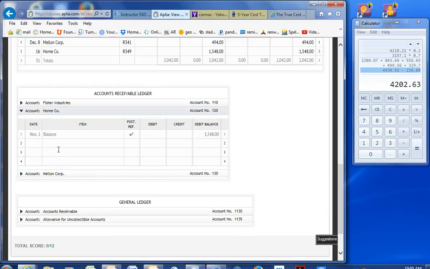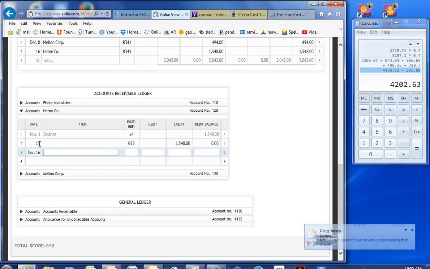Horn Co. Let's do that one next. This one's a little more complicated because remember we wrote them off and then they paid. November 15th. Can't write in written off. I don't get it. G15. Our credit is 1548, which gives us a 0 balance. And then on December 16th, we reopen the account.